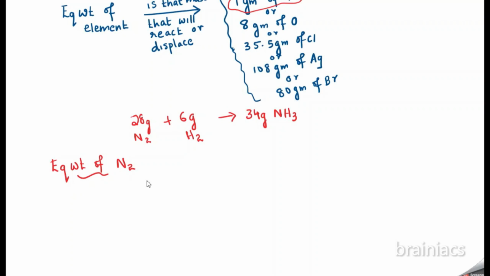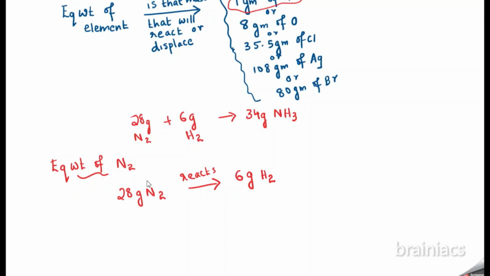So as per this balanced chemical equation, we know that 28 gram nitrogen reacts with 6 gram of hydrogen, correct? But we need to know with 1 gram of hydrogen how much nitrogen is reacting. That mass is my equivalent mass of nitrogen.